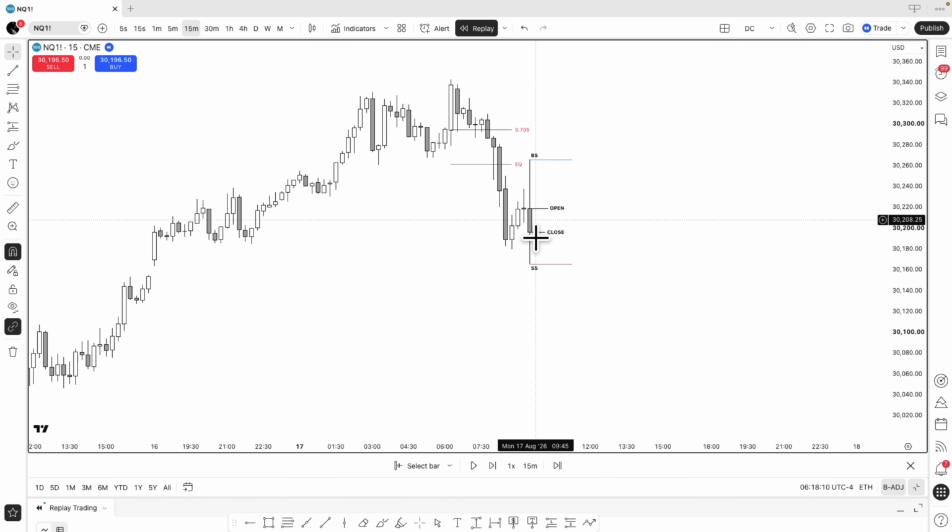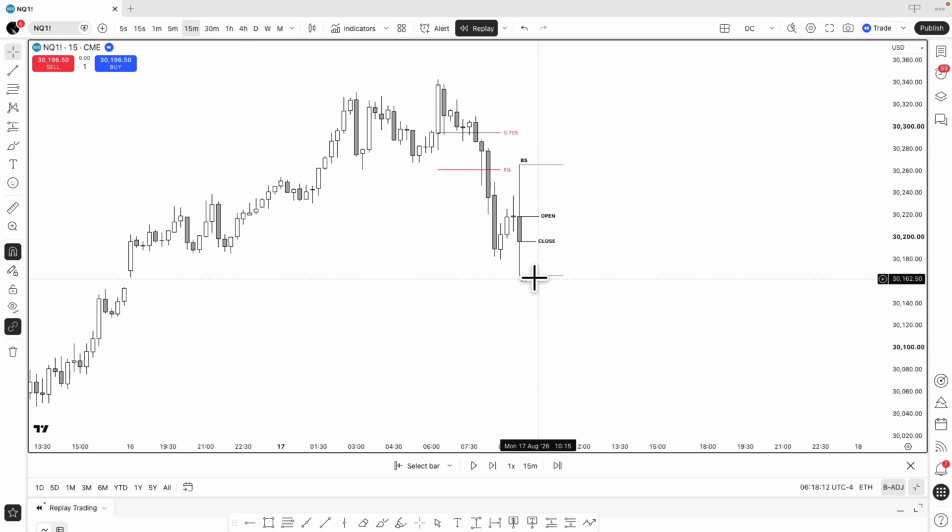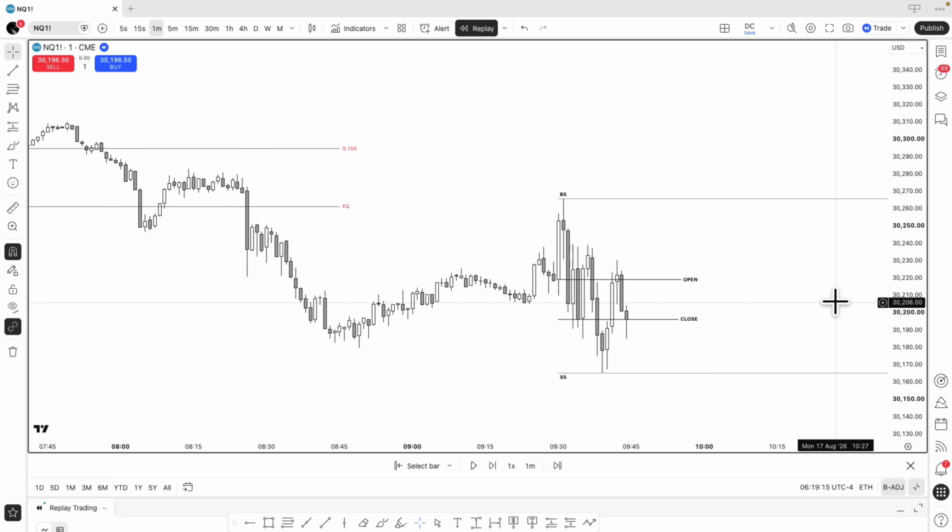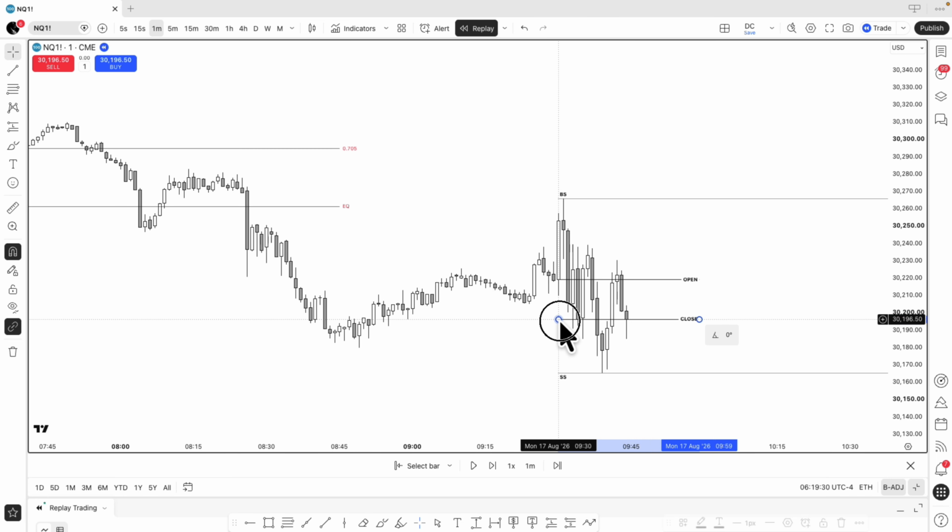So now we're just going to investigate this candle on lower time frames. Right now we have the open, high, low, and then the close anchored for this candle. Dropping down onto a 1-minute chart and observing this 15-minute candle, you have the open, high, low, and then you have its close coming in right here.